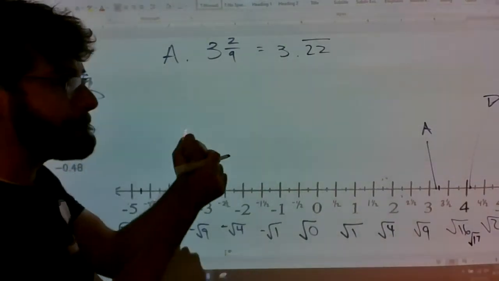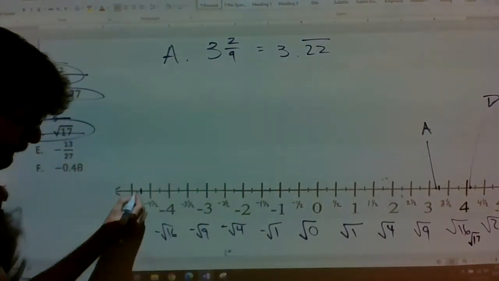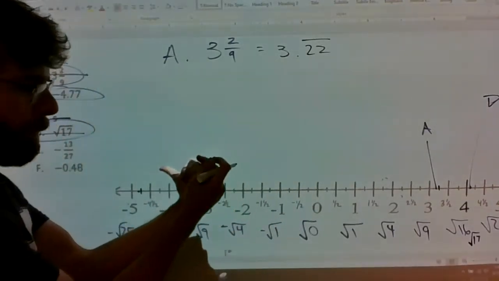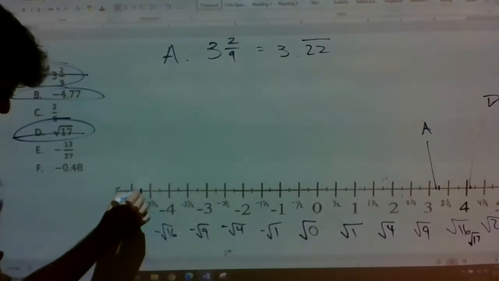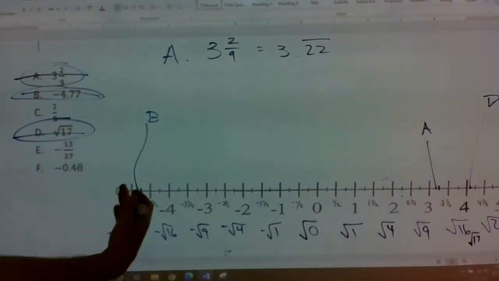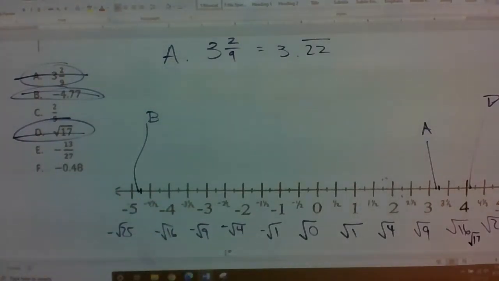This is a little bit more than 0.75. So I'm going to put a dot right to the left of it because we got to go 0.77 over, not 0.75 over. So that's where B is. It's left of the quarter mark in between negative 5 and negative 4.5.